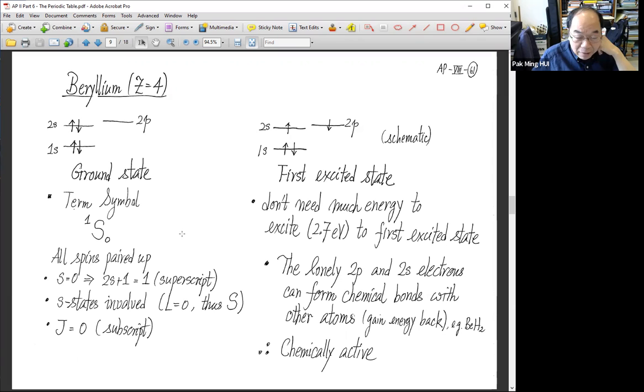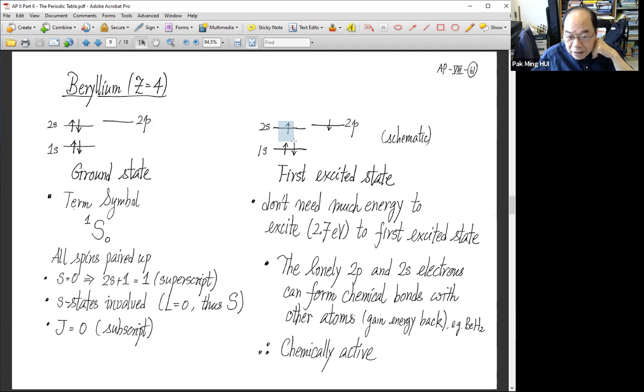Now, beryllium, the next one. The ground state should be like that. Okay, then one may think it is rather inert because everything is paired up. Nonetheless, it is active because there is nearby a 2p, which is empty in the ground state, but it doesn't need much energy to promote one electron to a higher state.